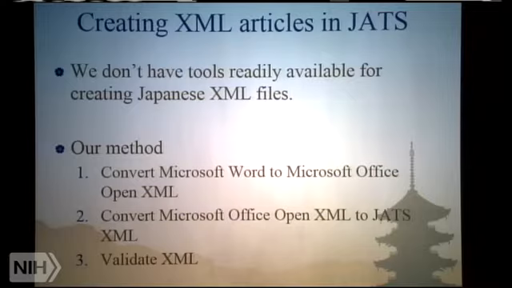For English language articles, eXtyles provided by Inera is a standard tool to convert a Word file into a JATS XML file for many publishers. Some use offshore vendors to convert Word or PDF files to XML. Unfortunately, eXtyles is not convenient enough for Japanese language articles. But nevertheless, there is no other system readily available for Japanese text.